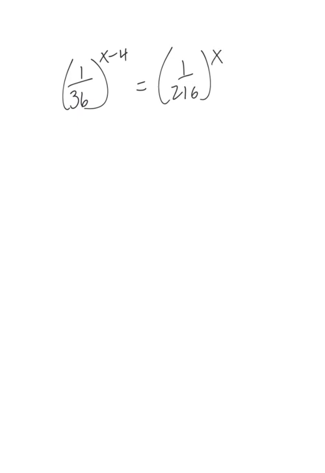This last problem looked a little intimidating because of the fraction, but it's not so bad. Class actually thought it was fun. That's a 216 raised to the x plus 1. Now in this case, you have to change both.